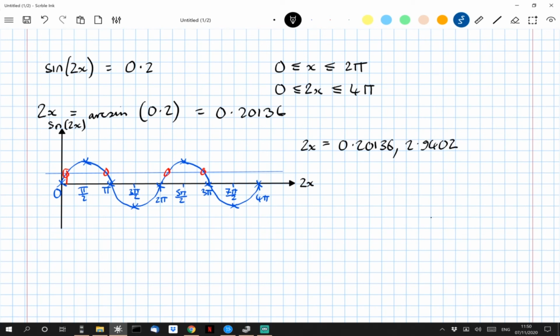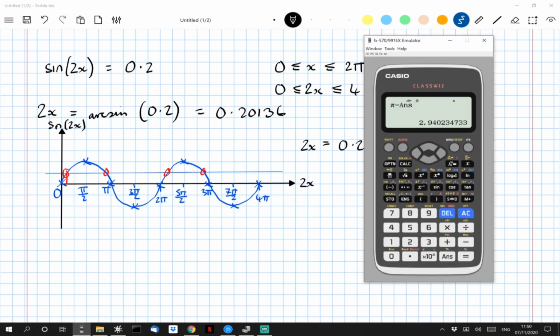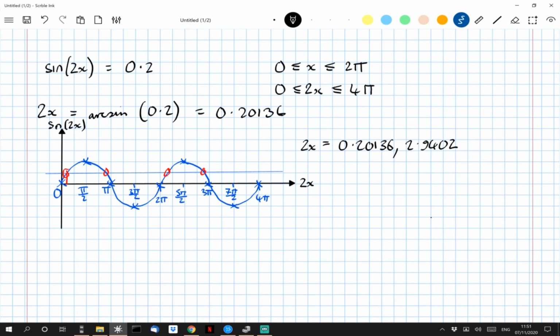We've got 2 pi plus that. So 2 pi plus 0.20136.